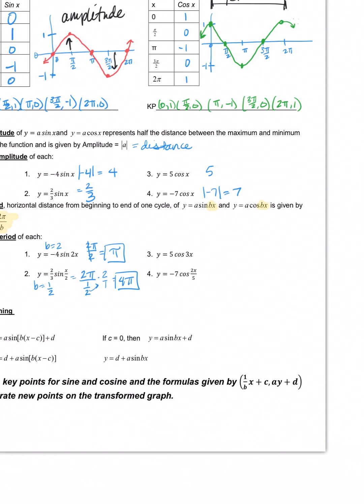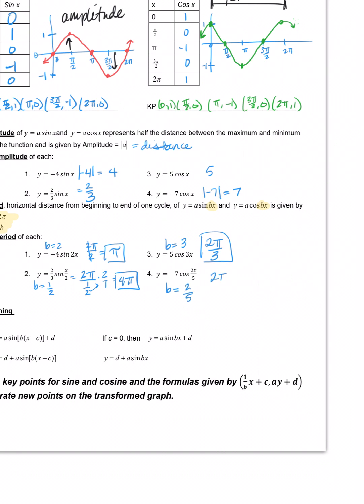Look at number 3. B here is 3. So I take 2 pi, divide by 3. Is there anything more I can do to that? Nope. That's my answer. And then number 4, 2 over 5 is b.